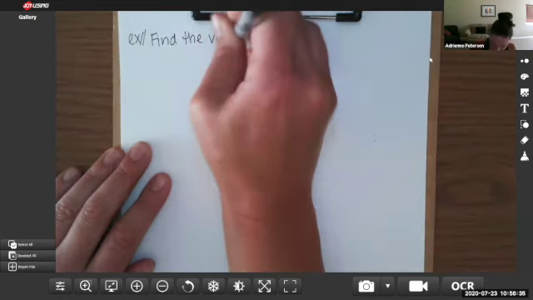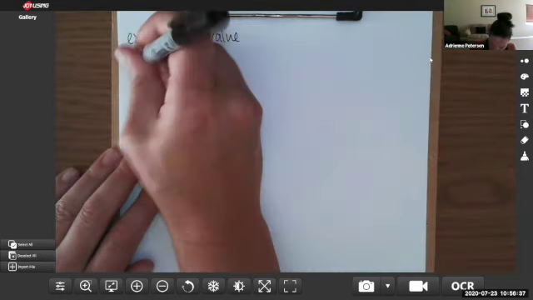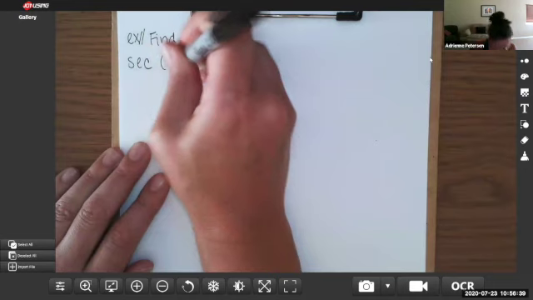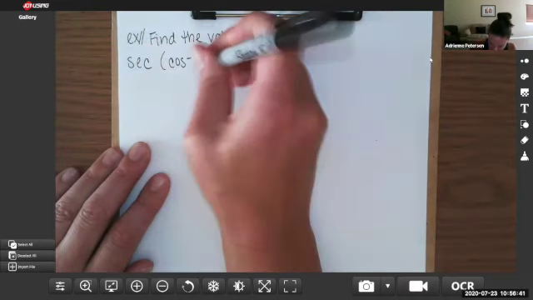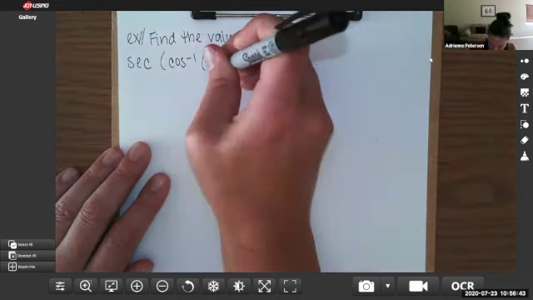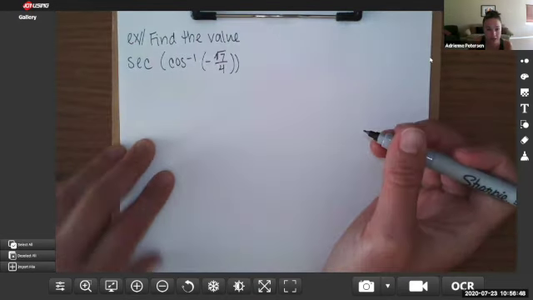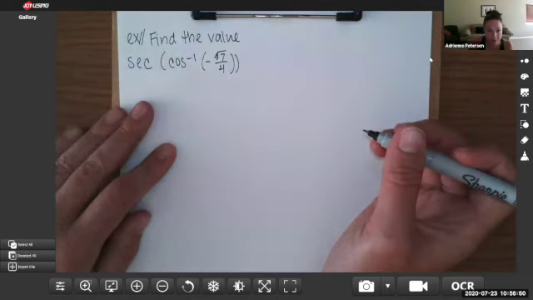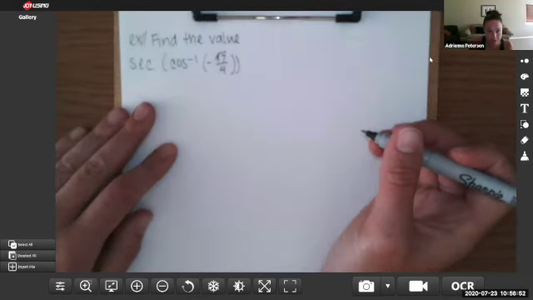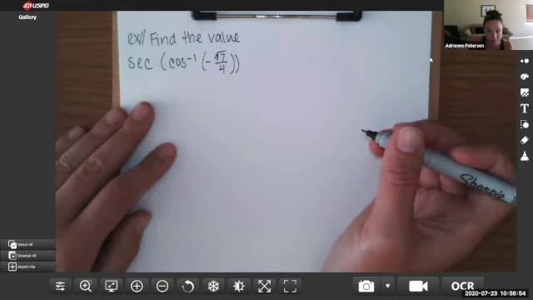Next one, let's find the value of secant of inverse cosine of -√7/4. Okay, so again, we want to start with the inside operation first.